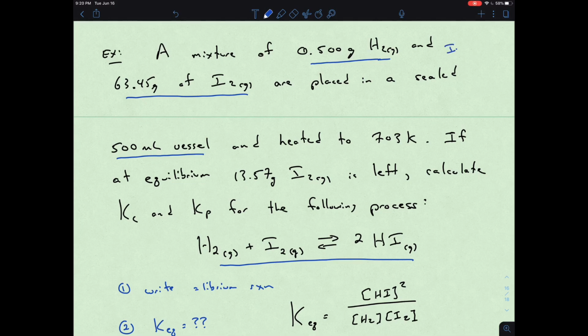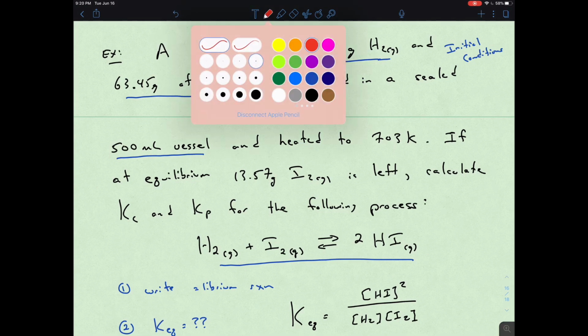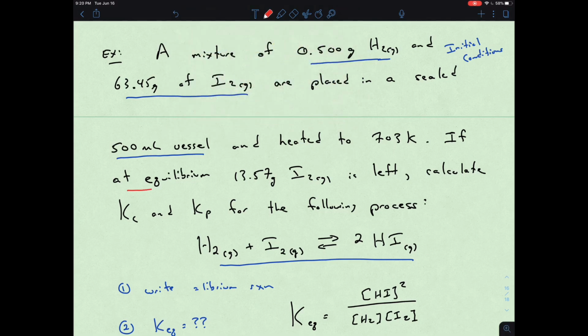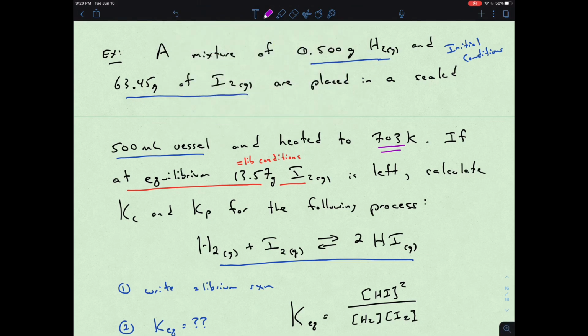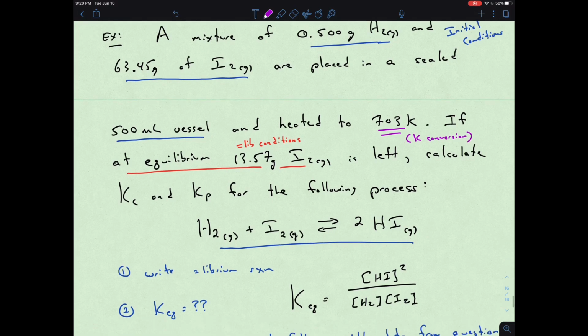So here we find initial conditions. And if we look down a little further, we find equilibrium conditions as well, with the 13.57 grams. We also have our temperature, which is going to help with our K conversion. So we have a bunch of pieces here, but we have to do some work to get them into the proper format for our table.